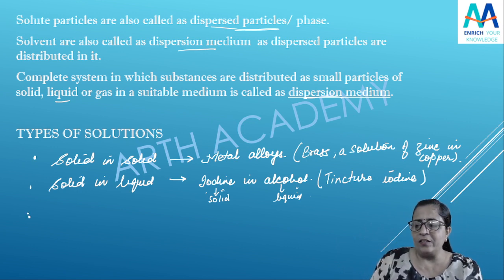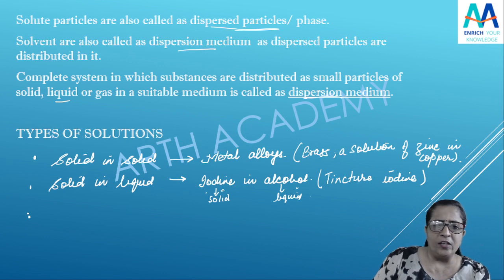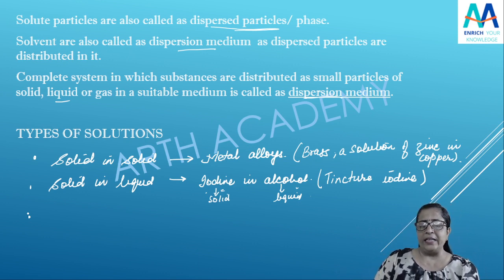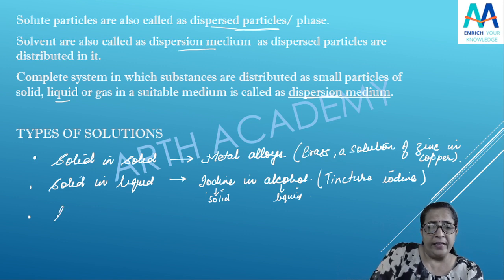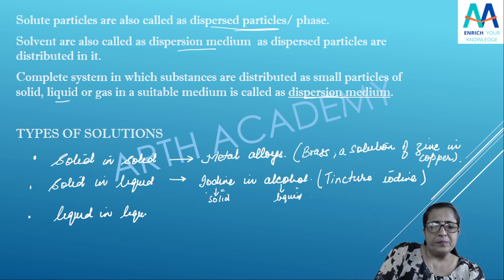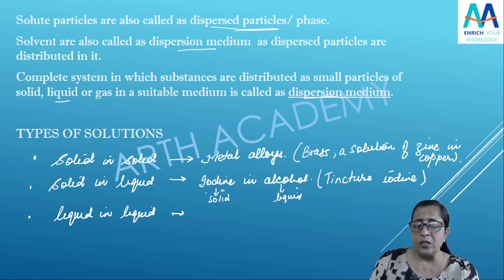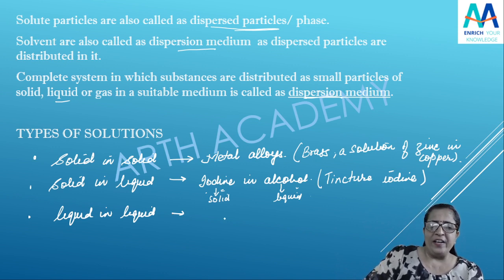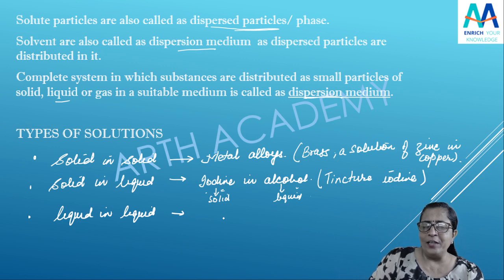Okay. Now the third, solid in solid is there, solid in liquid is also there. Now can I say liquid in liquid? Any example for liquid in liquid? What example, if I talk about liquid in liquid? Yes, you have seen vinegar. How is vinegar formed?